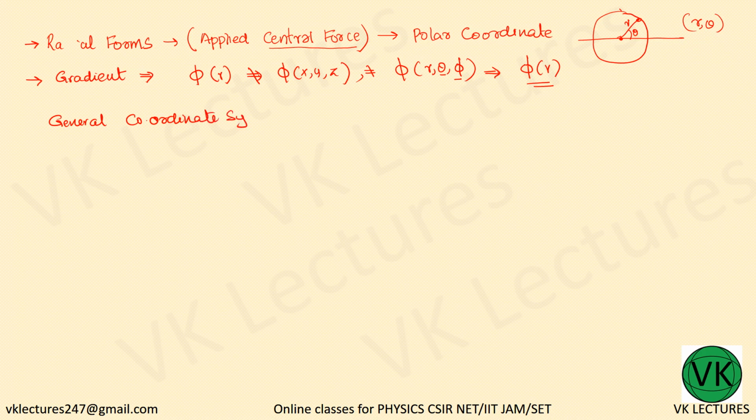So our gradient should be limited to finding the gradient of the function with respect to r alone. In a general coordinate system, we can write the del operator as q1 cap by h1 dou by dou q1 plus q2 cap by h2 dou by dou q2 plus q3 cap by h3 dou by dou q3. So this is the del operator in a generalized coordinate system.